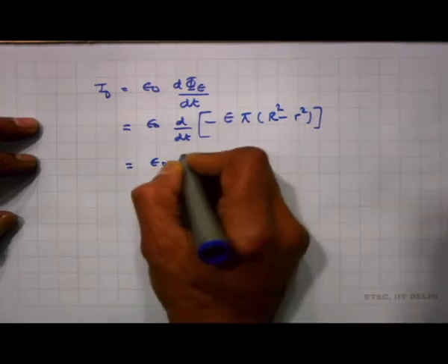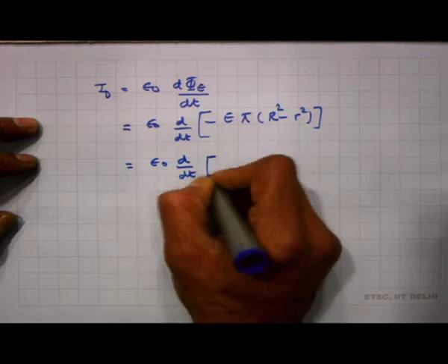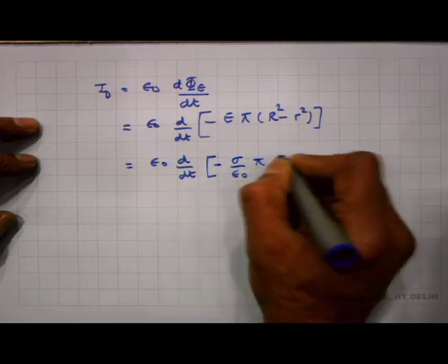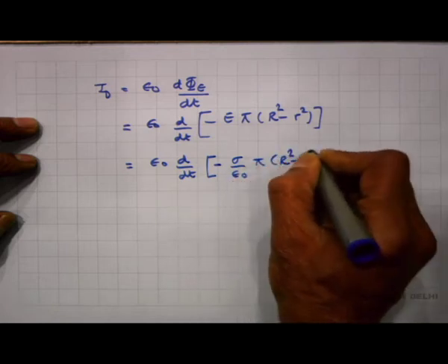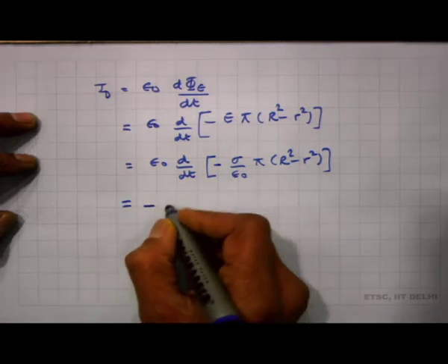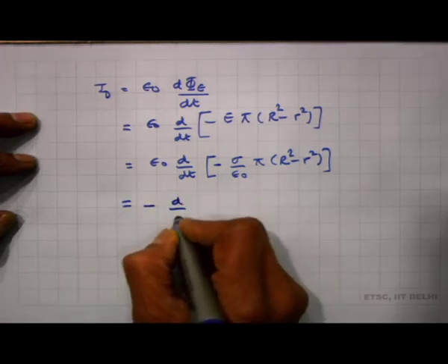So, this is equal to pi times capital R square minus small r square, which is equal to epsilon 0 d by dt of minus sigma by epsilon 0 times pi into R square minus r square, which is equal to minus d by dt.